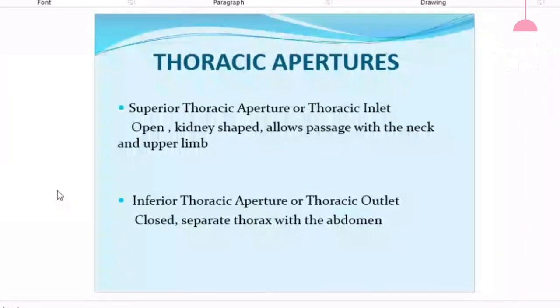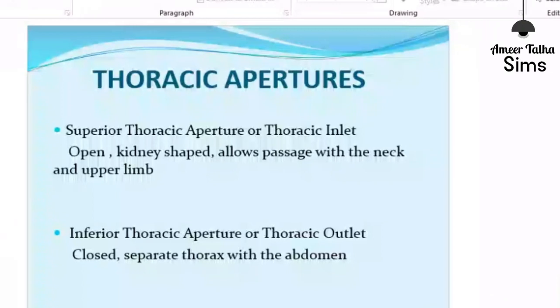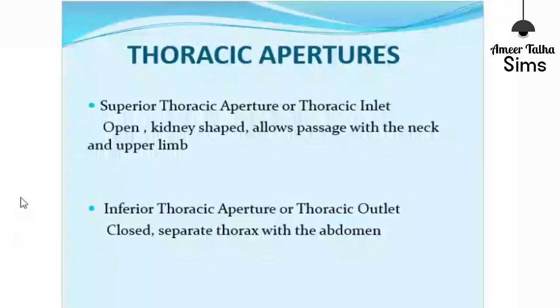Are the thoracic aperture and diaphragm, and the chest wall and the intercostal spaces. Now we will first discuss the thoracic apertures. This is the thoracic wall and it has two apertures, the superior thoracic aperture and the inferior thoracic aperture, as you can see in this diagram.